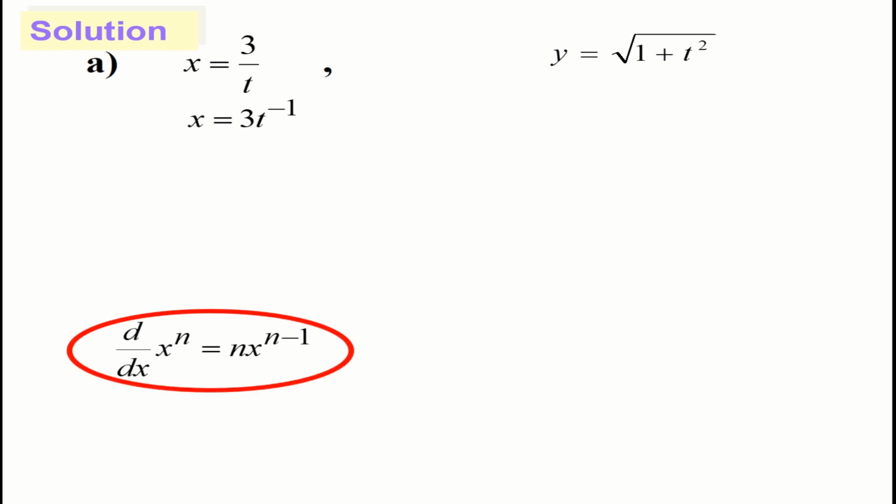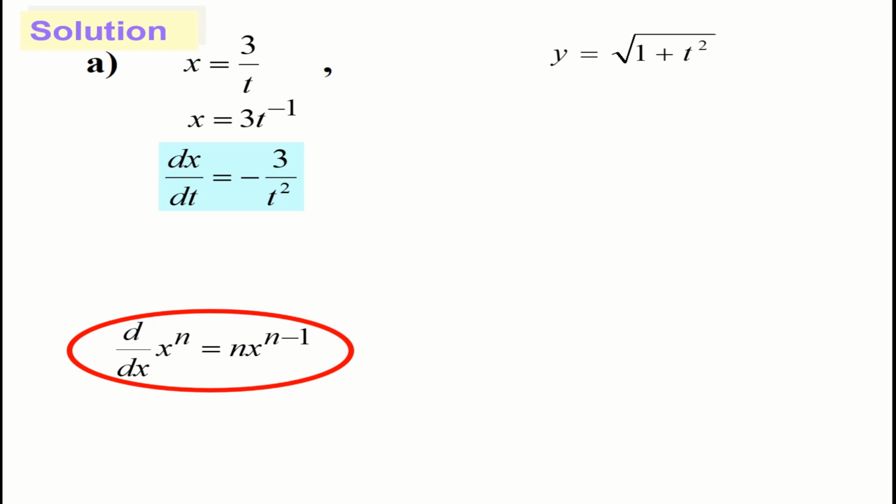We can apply the rule of differentiation, x power n, and we get n x power n minus 1. So dx over dt is equal to negative 3 over t squared.